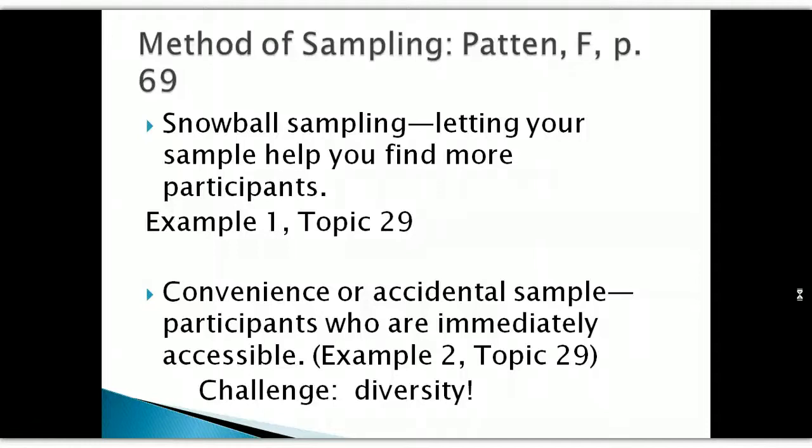You kind of let your participants find you, in that you start out with a few people, maybe even the pilot people for your study, people you won't really include in your research, but just good contacts to help you find participants for your study. So you start out with a few people, and then you let them help you find more participants for your study among their acquaintances, their friends, or their colleagues.